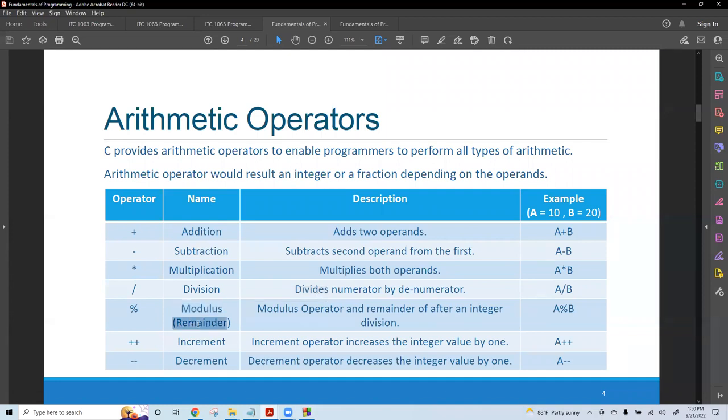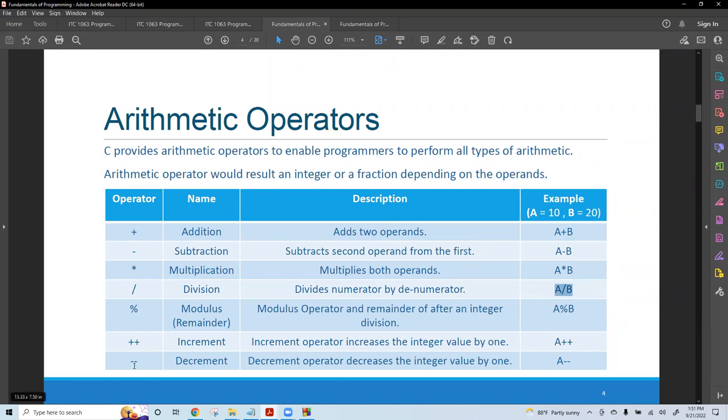Modulus is also known as the remainder operator. Division and modulus are very connected. The results would be different, but they are very, very close.